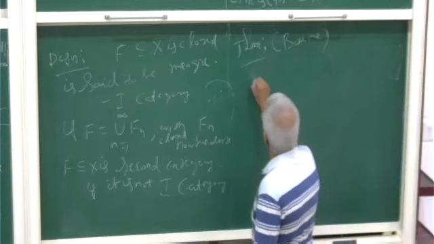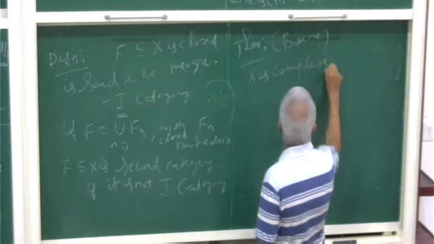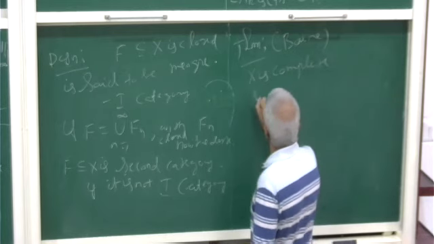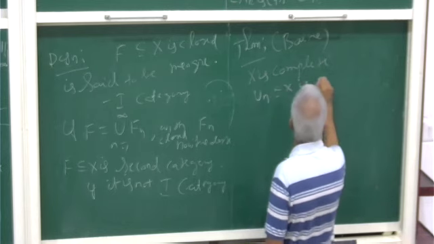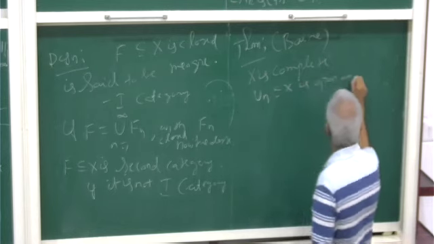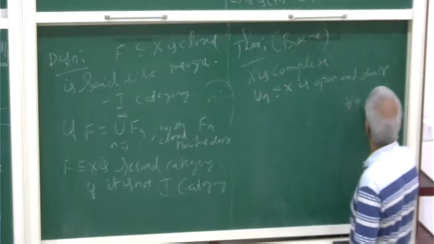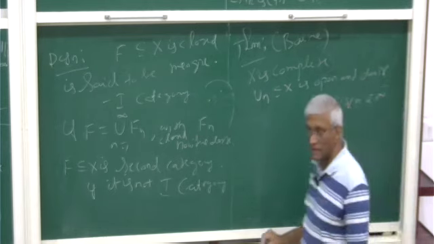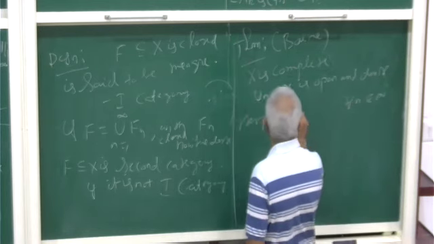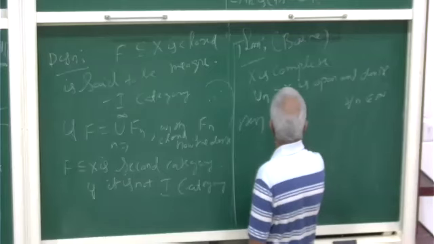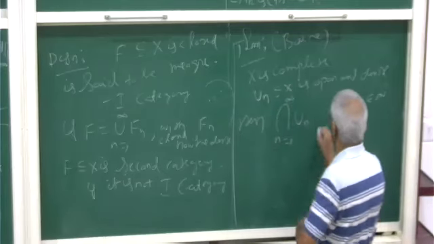This says that X is complete, and Un contained in X is open and dense for all n. Then the intersection of Un is dense.